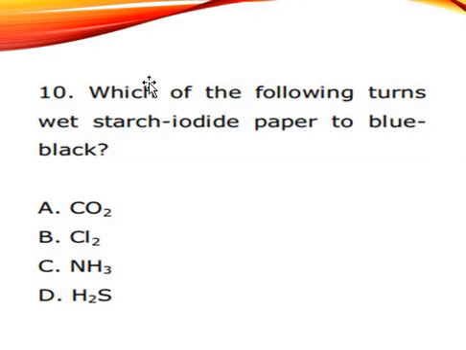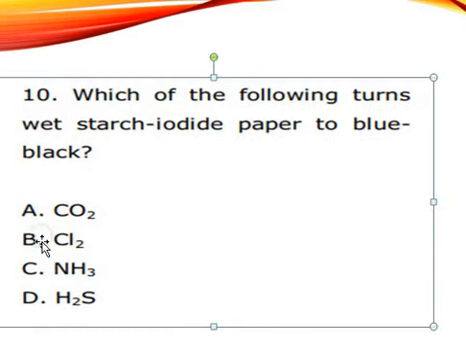So when you've paid attention to your tests of various elements, whether they be metallic or non-metallic, you will know that one of the properties of chlorine is that when you add it to wet starch iodide paper, the iodide ions on the paper are oxidized to iodine, and the starch actually reacts with it to give a blue-black compound. So your answer here is B, chlorine.